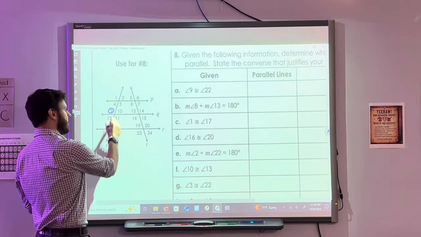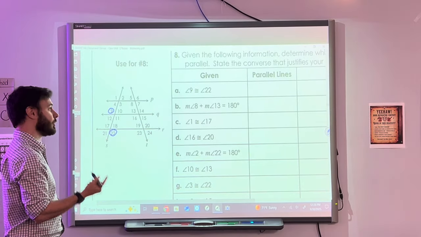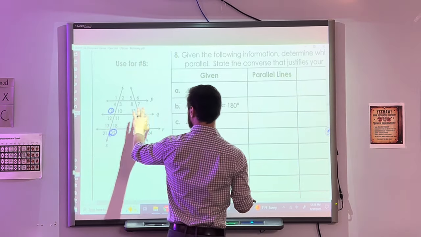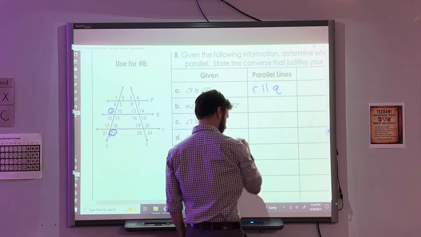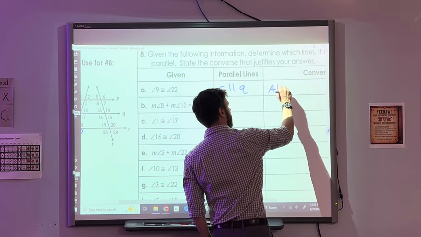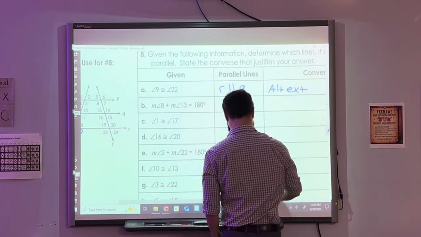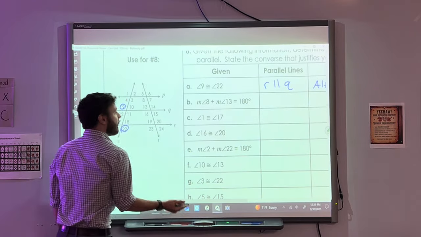Let's see, it tells me the 9 is the same as this. They are alternate exterior, and those should be the same. So the parallel lines are going to be these two here. R is parallel to Q, and our reason is alternate exterior. 8 and 13.